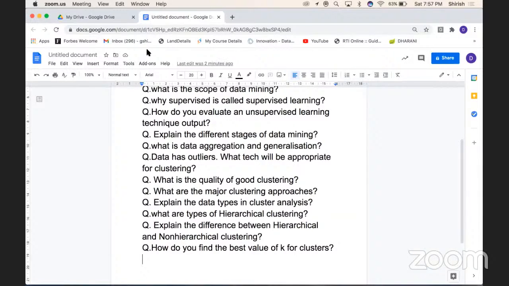Yeah. Okay. If you have a nominal variable, how do you find out the similarity? How do you measure the similarity? Think. It is binary data.